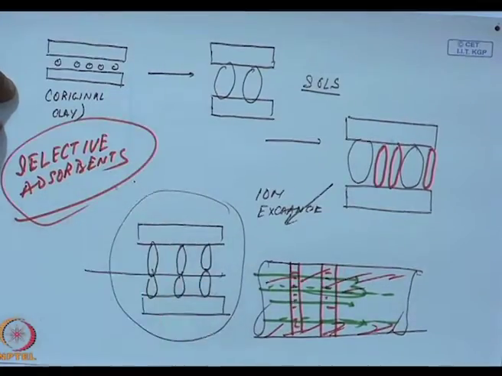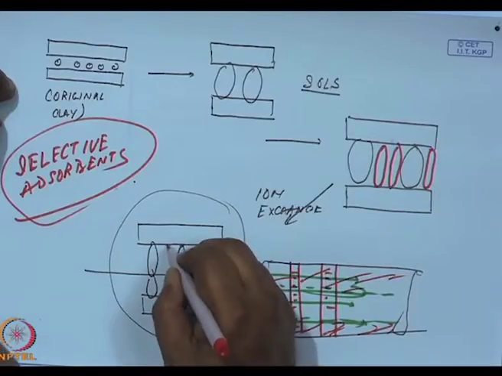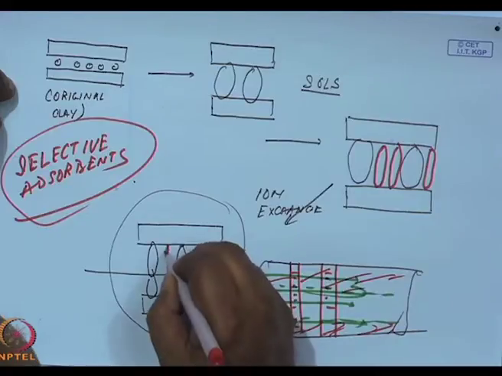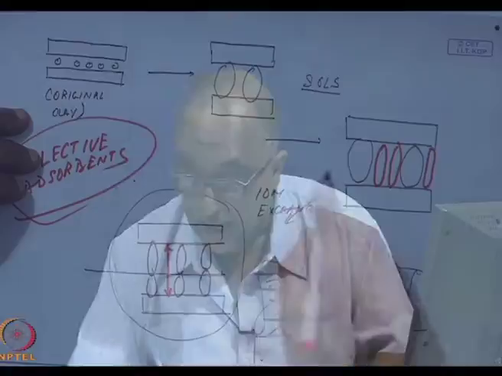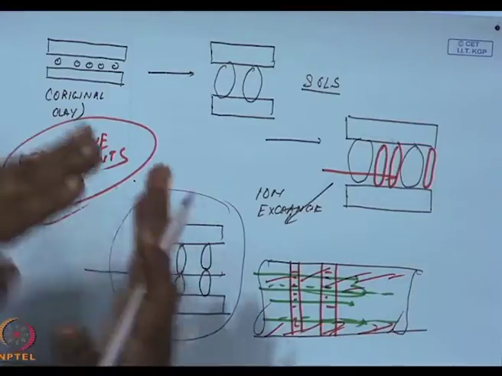Because each organic molecule has a definite size, we can control this layer separation very precisely, down to an angstrom, because we are going to put in ions, as I did over here, to cause separation of the clay surface.